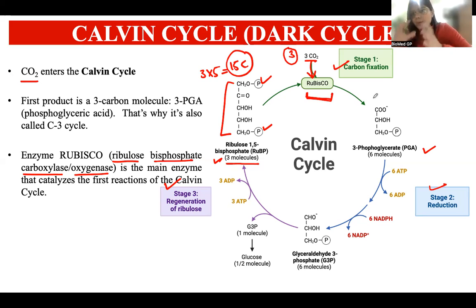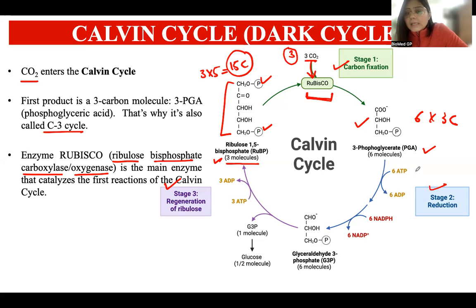And now after the breakdown, there are going to be 6 molecules of 3-carbon 3-phosphoglycerate, so again a total of 18 carbons. So there is some kind of rearrangement going on here. This 3-phosphoglycerate is the first stable compound of the Calvin cycle.